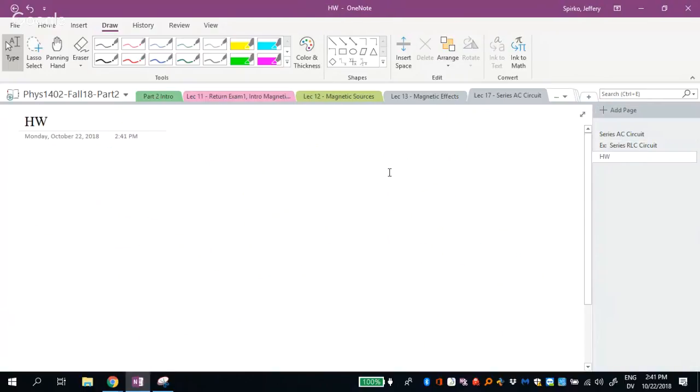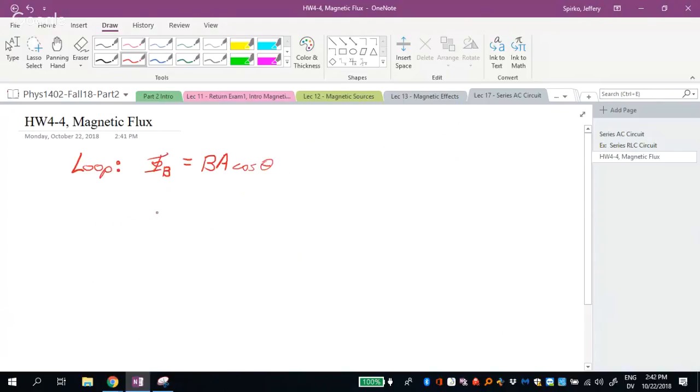So this is homework 4-4, magnetic flux. There's a couple of different formulas for magnetic flux. One of them is that for a loop, the magnetic flux, which is this capital phi with a circle in the middle of it, is equal to B times A times cosine theta.